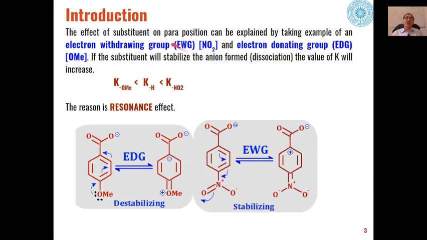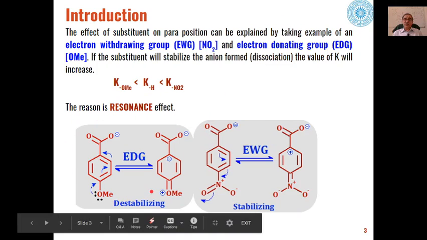Then this effect of substituent on para position can be explained by taking these two examples. One example is where we are having an electron donating group attached at the para position, and the other is where an electron withdrawing group is attached to the para position.